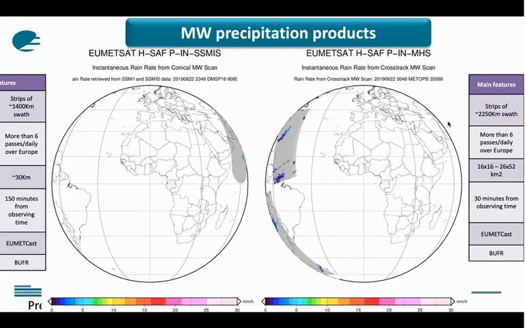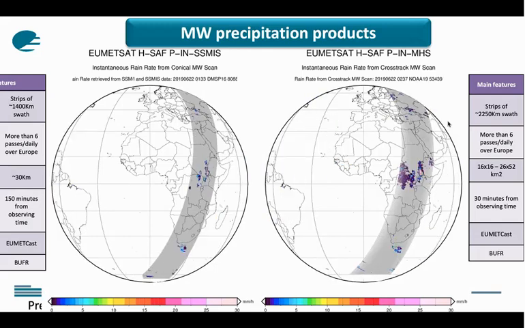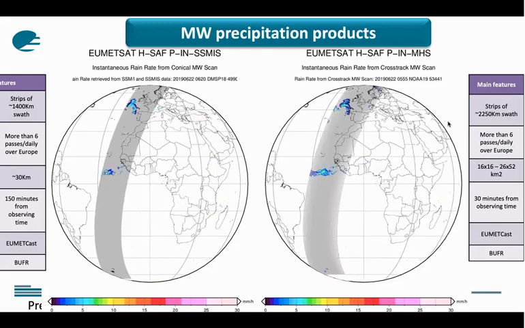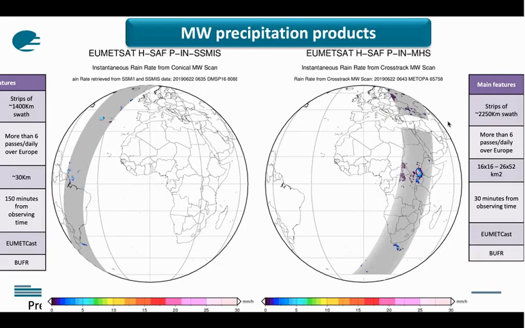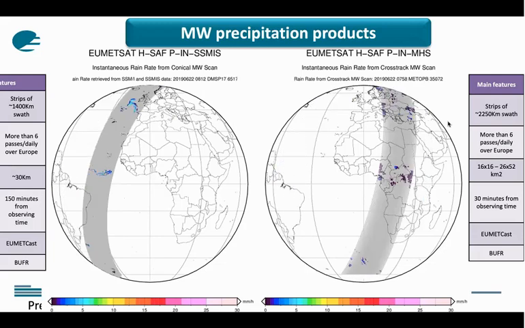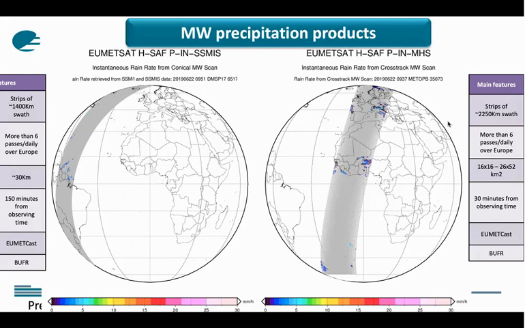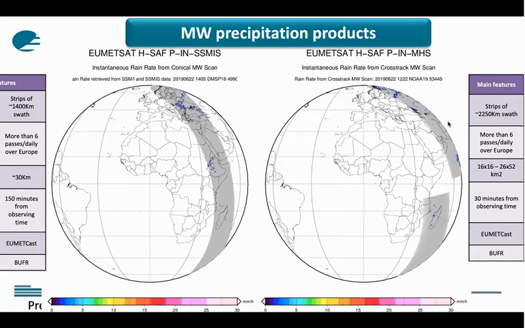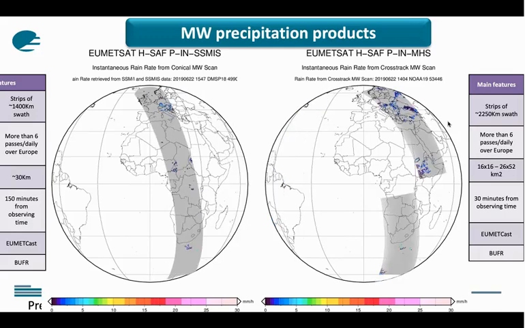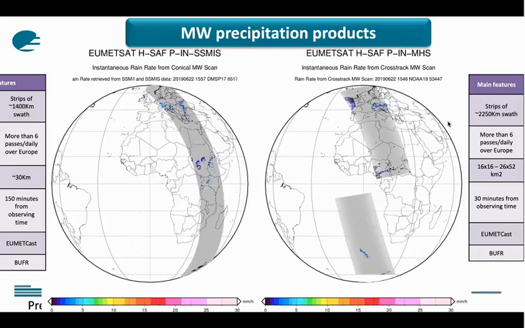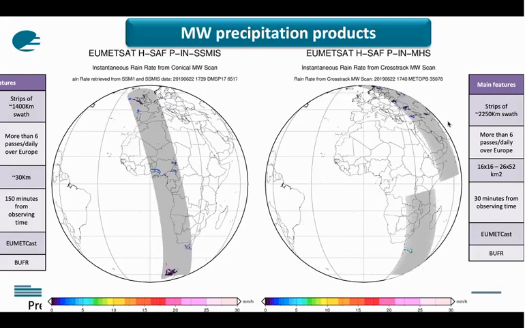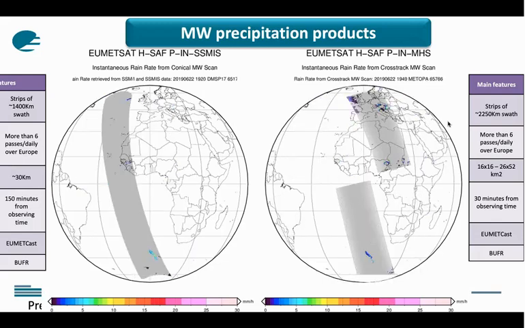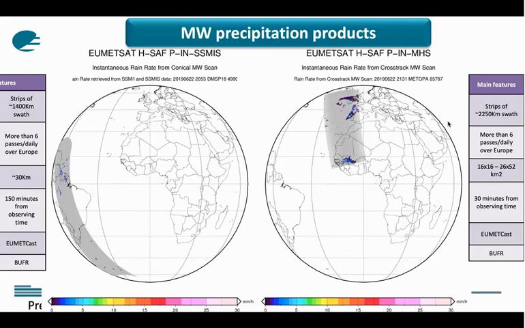The first on your left is from SSMIS, and on your right is from MHS. These polar satellites with these two instruments can provide us information in microwave data. We have different characteristics and features for these products, but generally we have more than 6 passes daily over Europe. The spatial resolution is different.